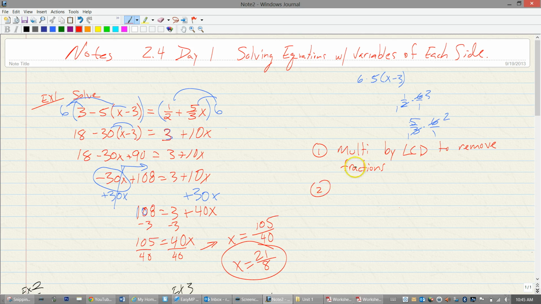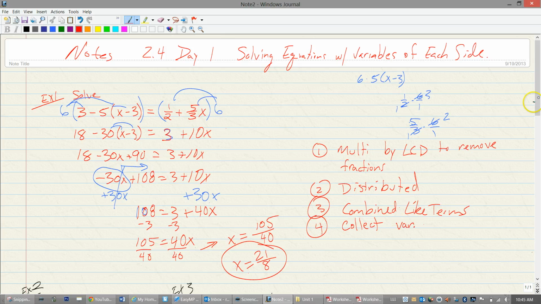Then 2 was we distributed. 3, we combined like terms. 4, we collected, just like we had said, collect variables on one side of the equal sign.